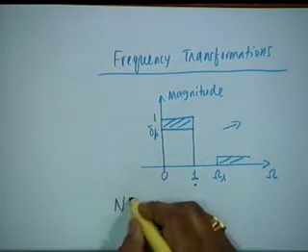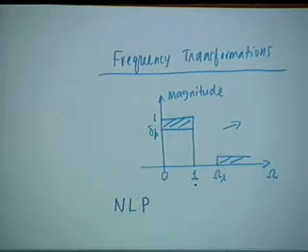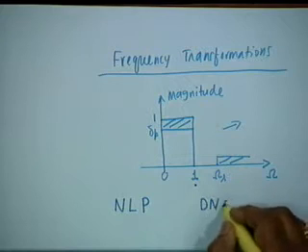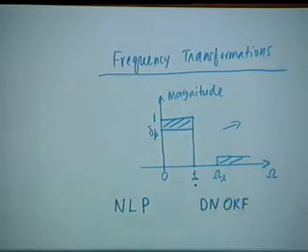So what I want to convert is a normalized low pass filter NLP to denormalized other kind of filter OKF. I want to design an actual filter with actual specifications starting from a normalized low pass filter.